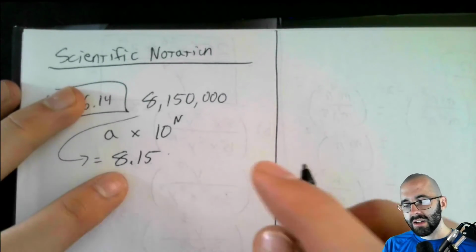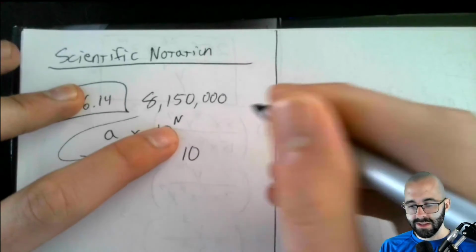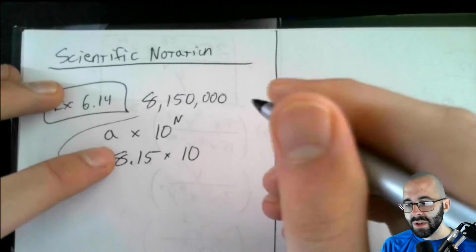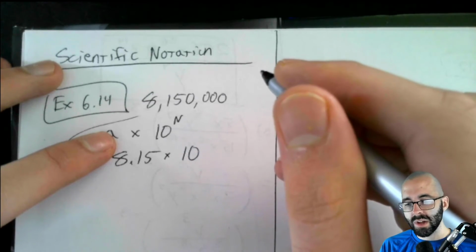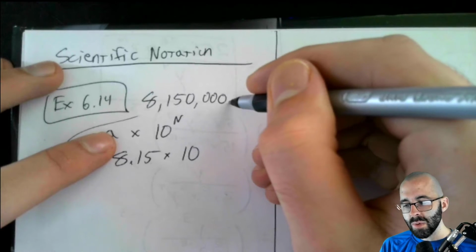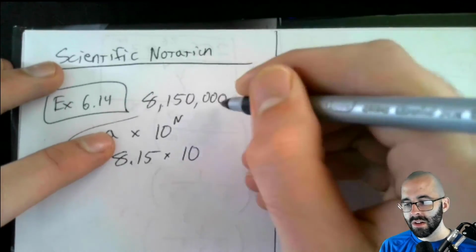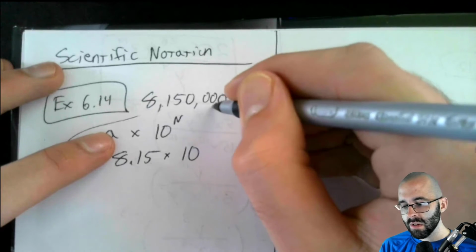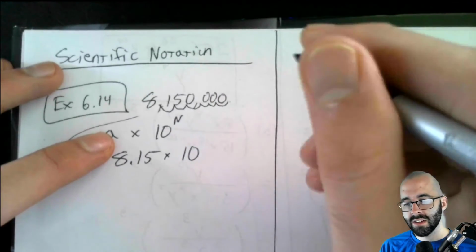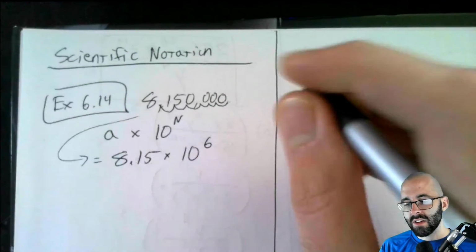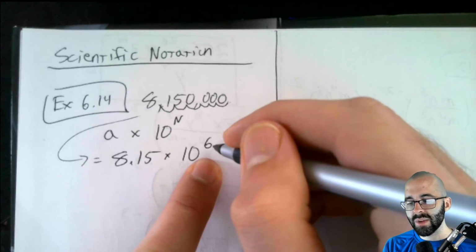Okay, so that's our A, 8.15 times 10, and then the question is, what's the N part? And so what we do is we count how many times we have to move the decimal point. So the decimal point is starting here, and we're moving it all the way up to here. Let's count that. 1, 2, 3, 4, 5, 6. Because we had to move the decimal place 6 places, there's going to be a 6 here.